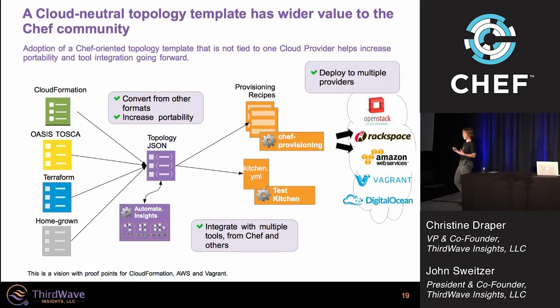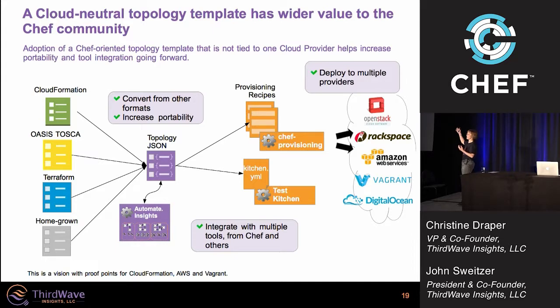I believe there could be real benefit in the community adopting a Chef-oriented template format like the topology JSON that supports multiple providers. Because if we do that right, we'll get some amount of portability across those providers, but we can also build out libraries of converters from the other formats.